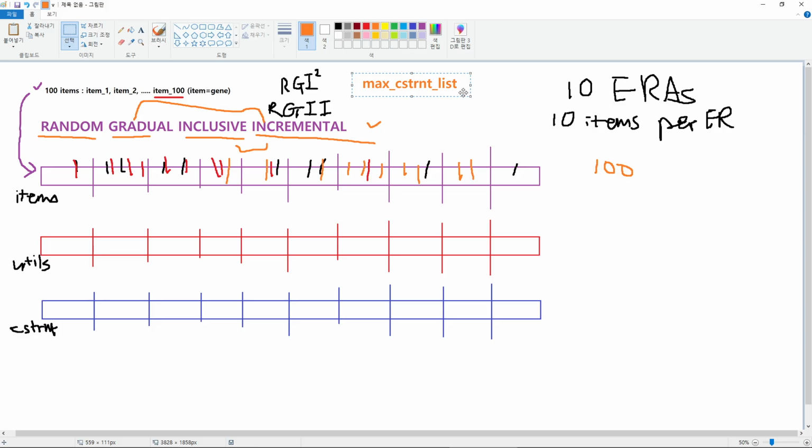For the first few settings, I used the same maximum constraint list, which is a list of maximum constraints per era.